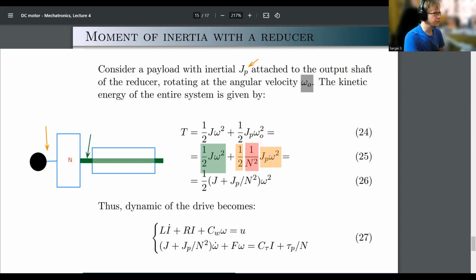And now, final step, we can get omega squared out of the brackets, okay? And I guess we can also get 1/2 out of the brackets. So we have 1/2 here of omega here. And what we have inside the brackets is J plus J sub p over n squared.